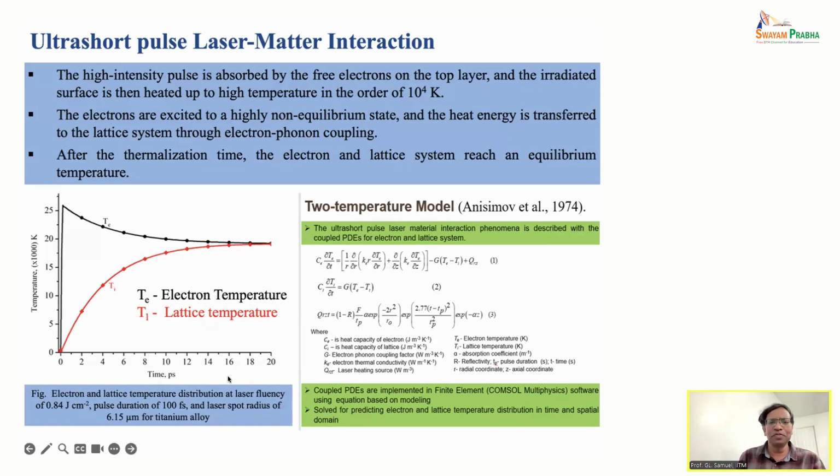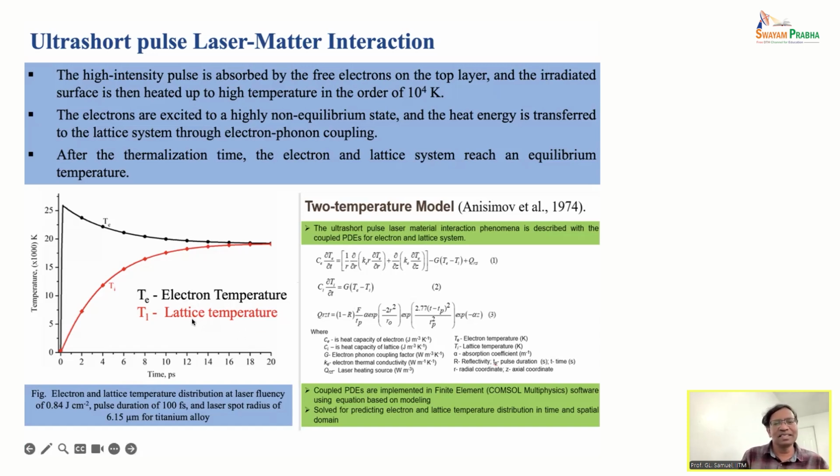But we have worked with the 2 temperature model, which was proposed initially in 1974, but still holds good. The higher models like the 3 temperature model can give even more interesting and close results, but the equations become complicated, and modeling that becomes a challenge.